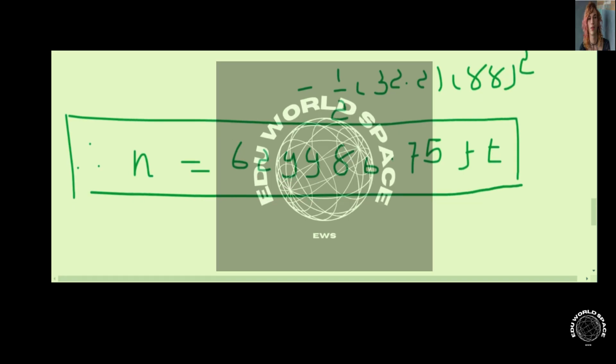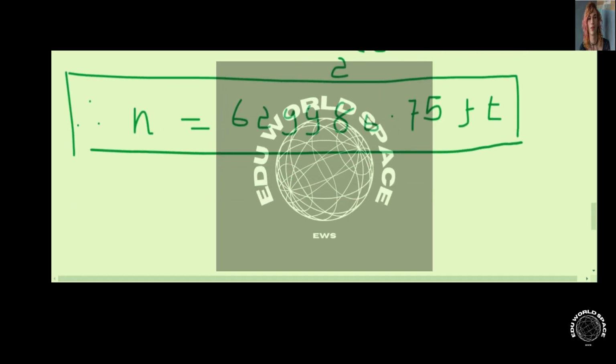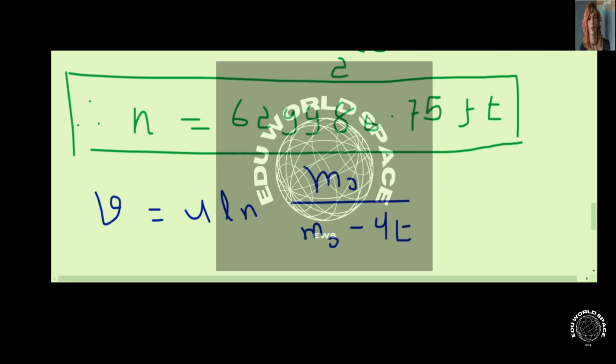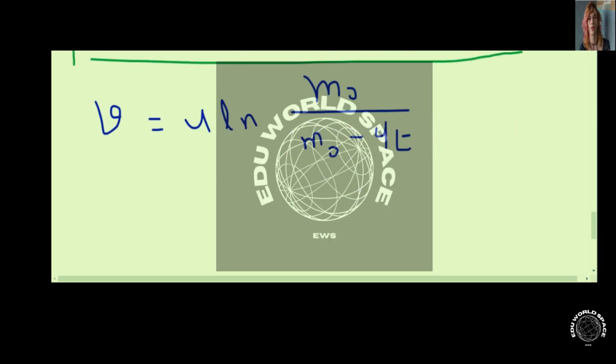Now the velocity of the rocket at that time can be calculated as v is equal to u times ln (m0 upon m0 minus qt) minus gt, that we already know. Let's put all the values here.